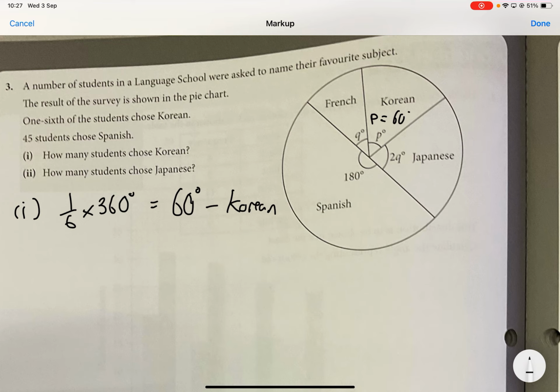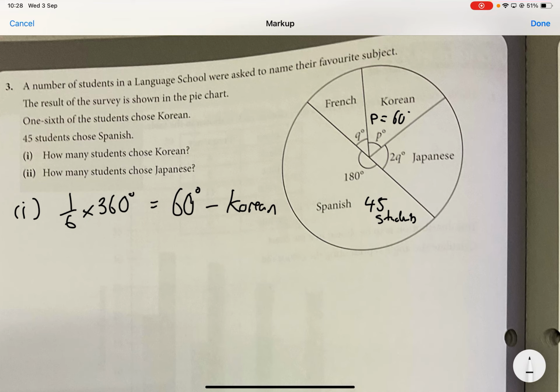Then how do we link the degree to students? 45 students chose Spanish. Spanish is 180 degrees. Then Spanish is also 45 students. Then we can link the degree to the number of students already.